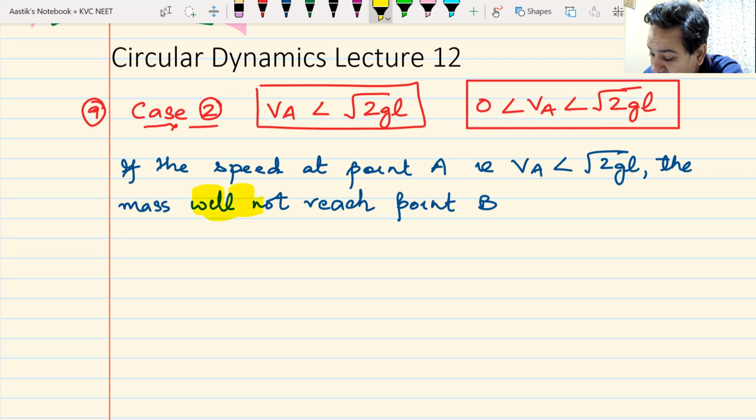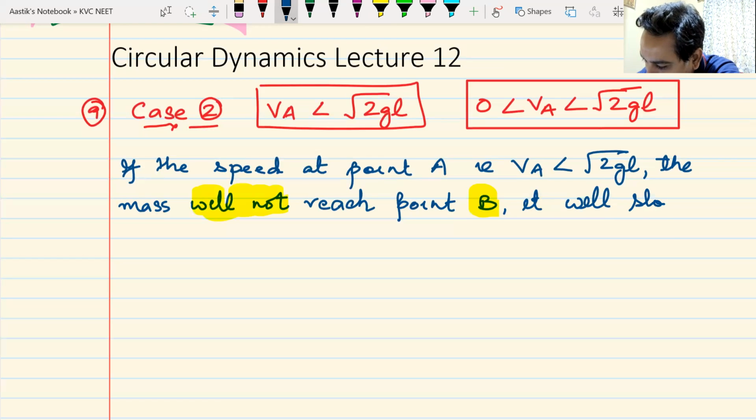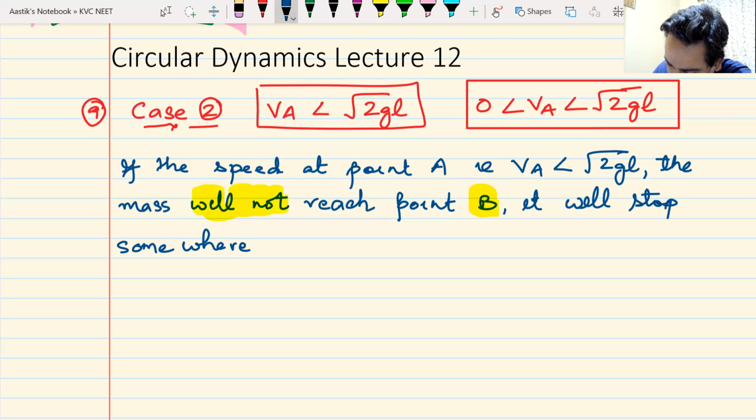It will not reach point B because the speed is not good enough to take it to point B. It will stop somewhere between A and B.